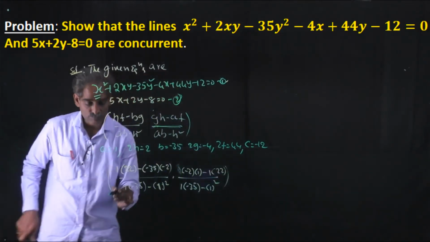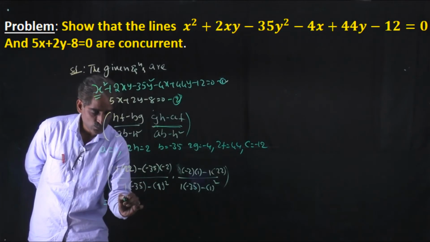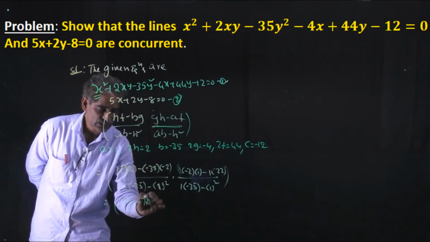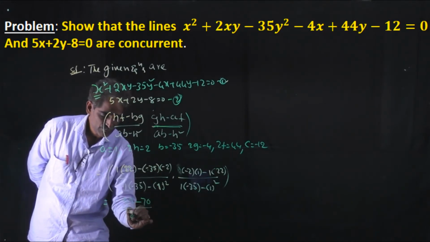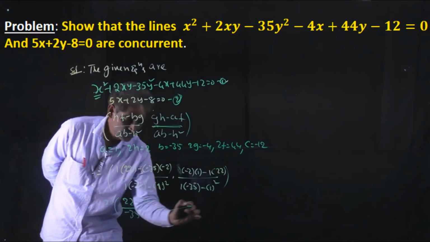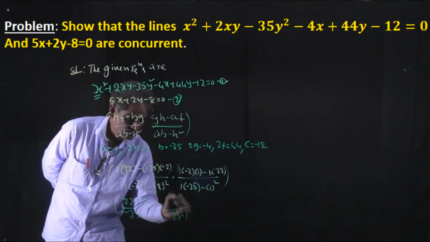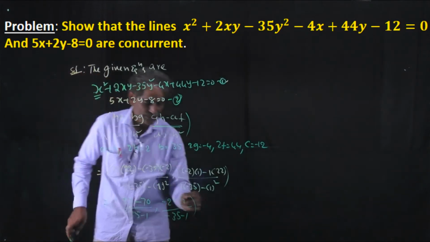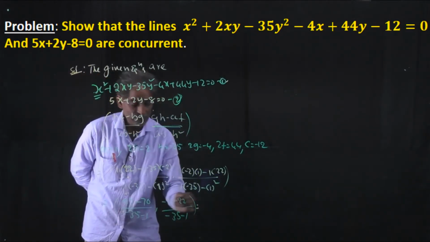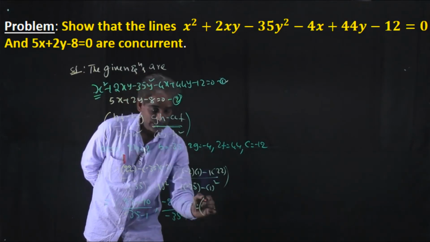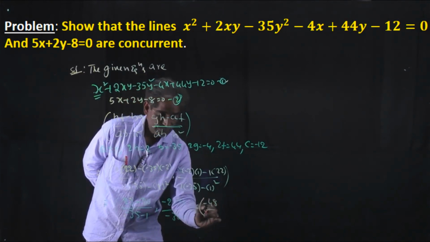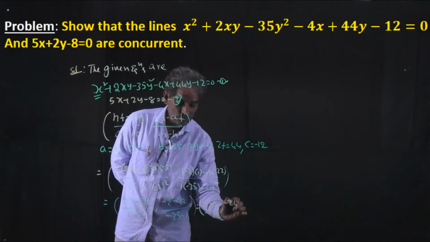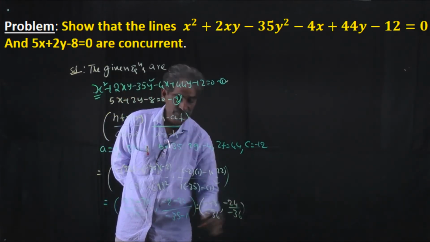Okay, now simplify this. 22 minus 70 whole divided by minus 35 minus 1, and minus 2 minus 22 by minus 35 minus 1. Now write down the coordinates: 22 minus 70 is minus 48, over minus 36, and minus 24 over minus 36.